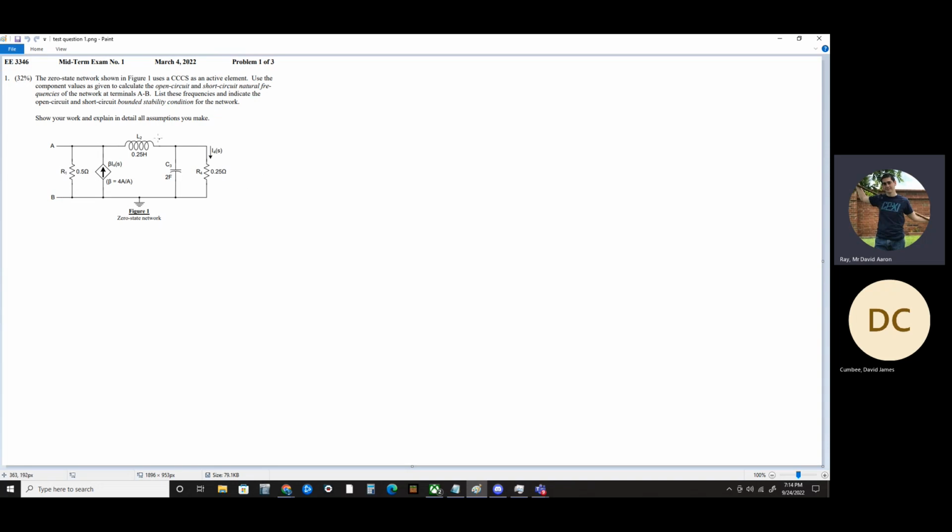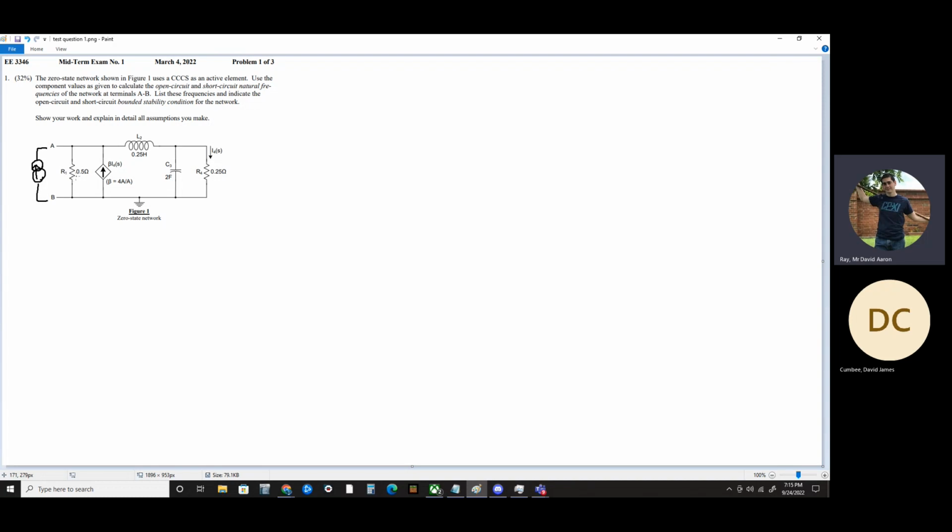Cool. Okay. So for this question, for every single one of these questions, the first thing you've got to think is, do I do nodal or mesh? Of course, if you look at this, for this kind of problem, whenever you see terminals A and B, you generally want to attach either a current source or a voltage source, depending on whether this is going to be nodal or mesh.